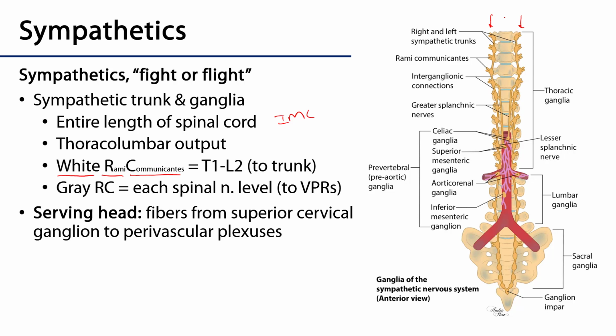Those white rami communicantes exist at the spinal levels T1 through L2.